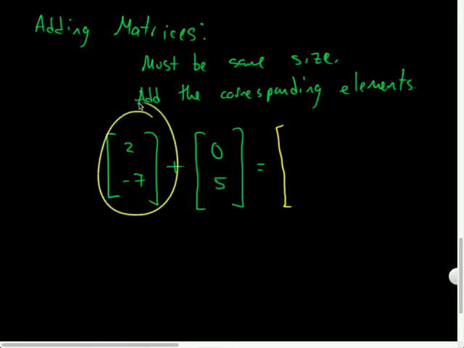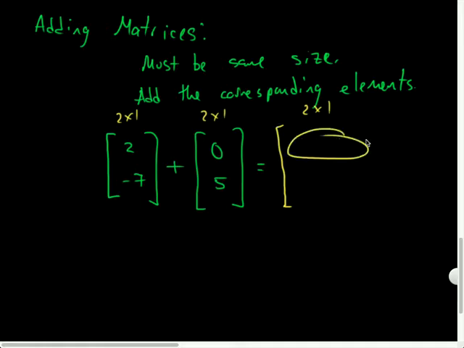Well, what size is this? Rows, columns, so 2 by 1 plus a 2 by 1 is going to equal a 2 by 1. So what is element 1, 1 going to be made up of? Yeah, it's going to be composed of the 2 plus the 0, and element 2, 1 is going to be the -7 plus the 5.